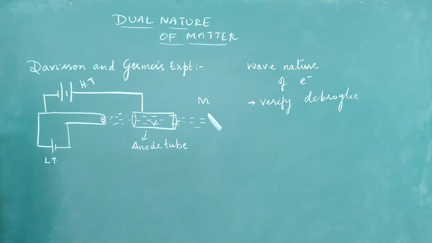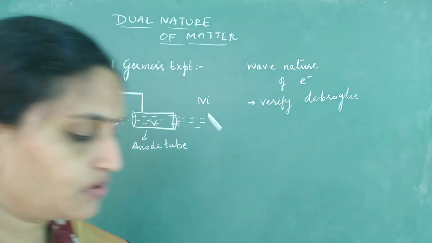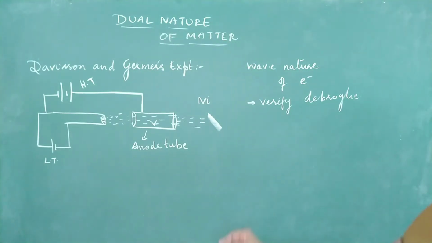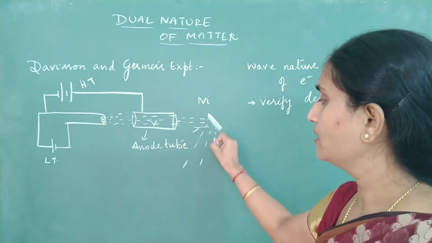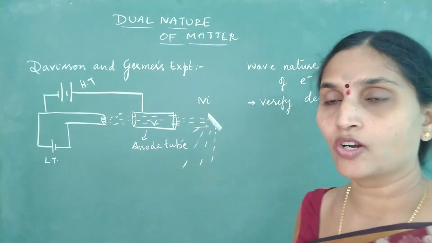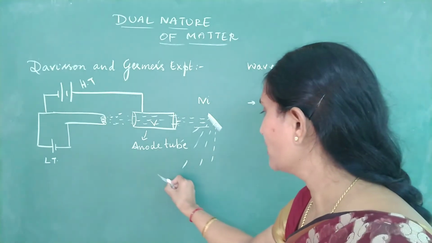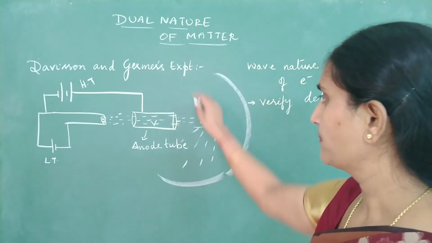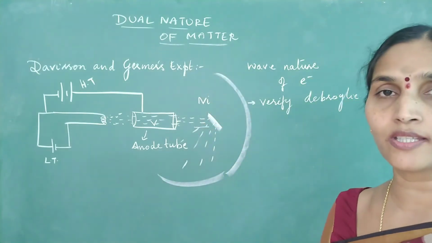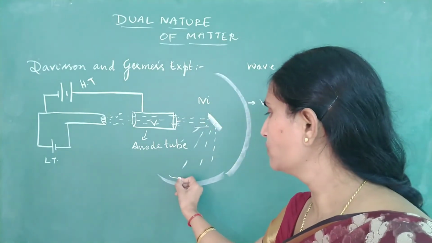Nickel is a heavy metal. This beam is made to fall on nickel, and the scattered beam. We know when these electrons hit the metal, they get scattered in all directions. This scattered beam is observed by using an electron detector. There is a detector around this nickel, and you can move this detector.